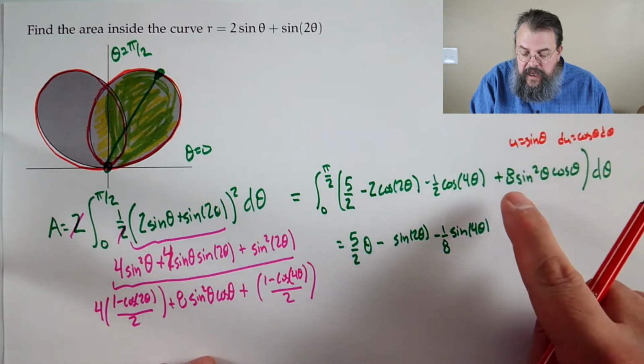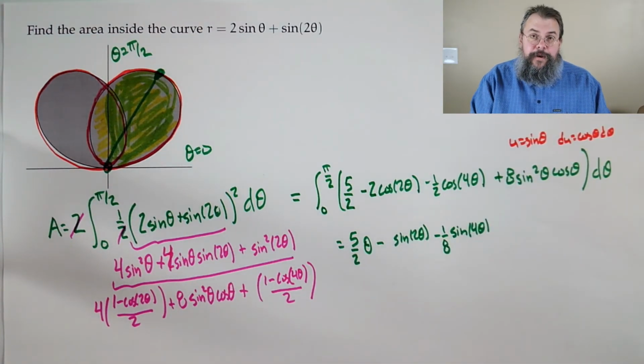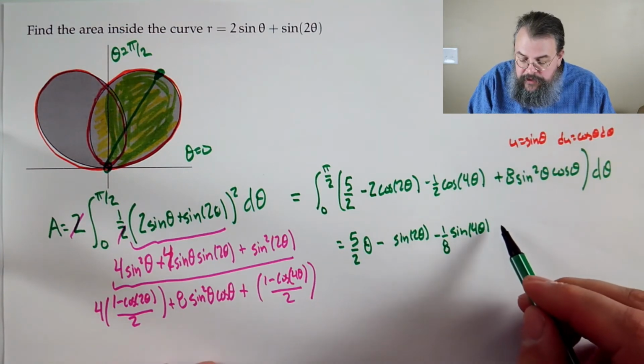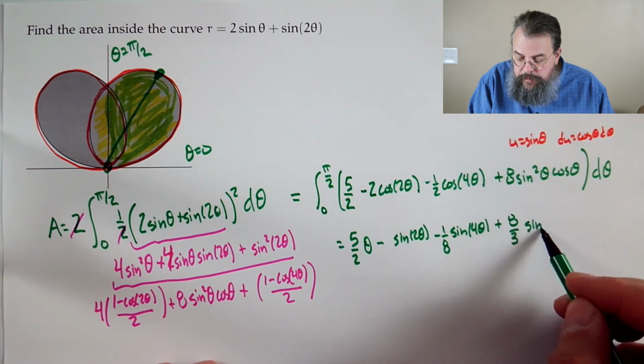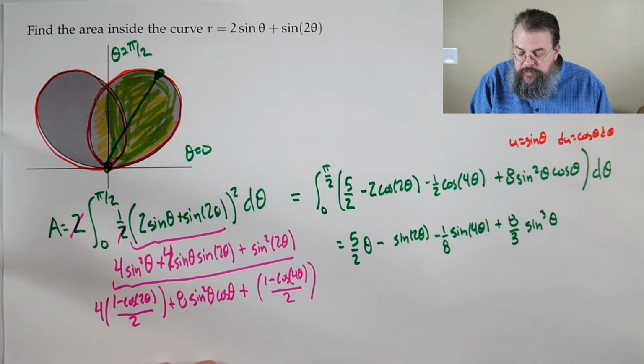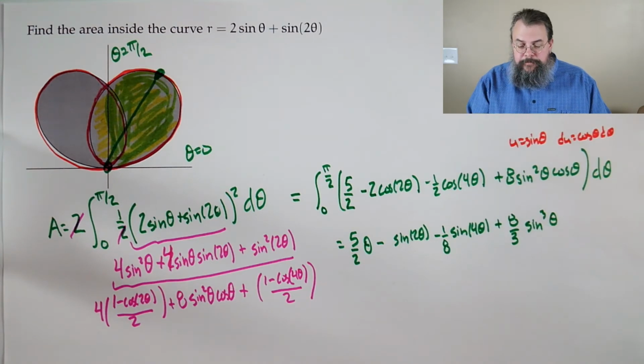So what we really have is 8u squared. How do you integrate 8u squared? Well, you would have 8/3 u cubed. And then just remember, well, u is the sine. So we did a substitution in our heads. That's how we did that one.